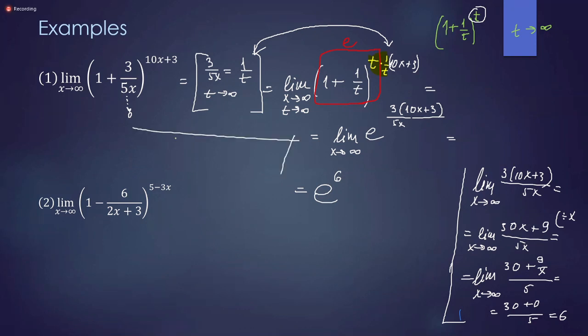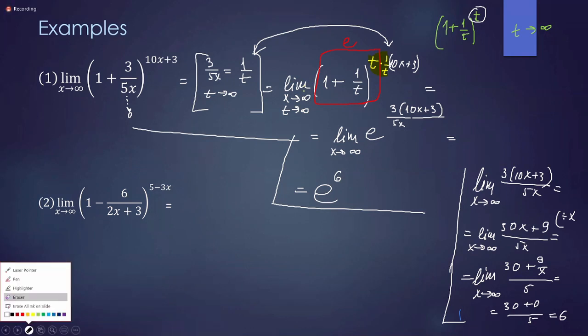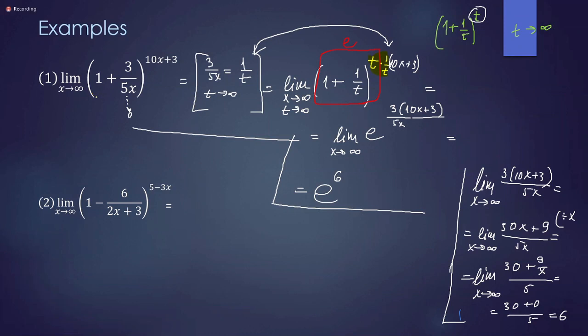Okay, so something similar, only the expression is now more complicated. In the second example, we still say 1 over t will be minus 6 over 2x plus 3.